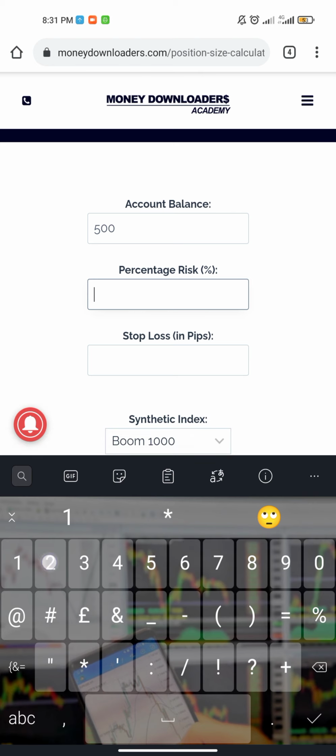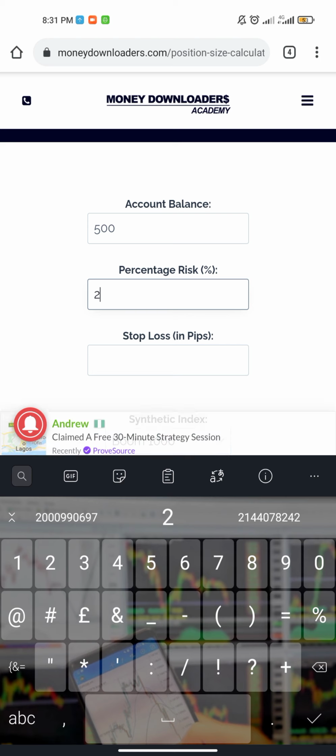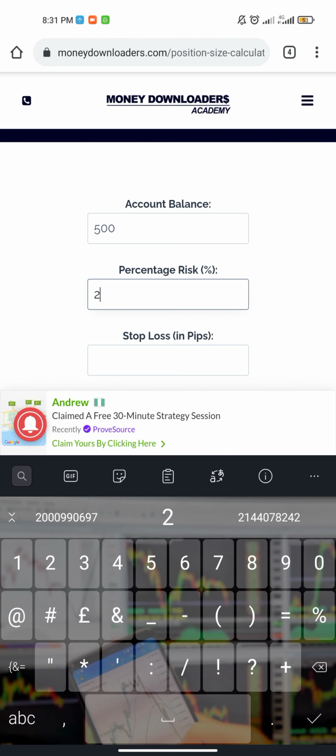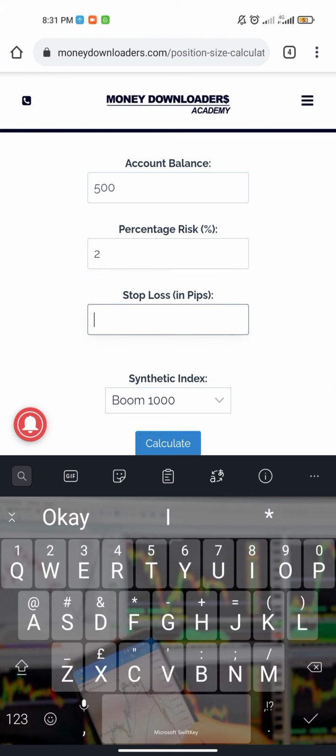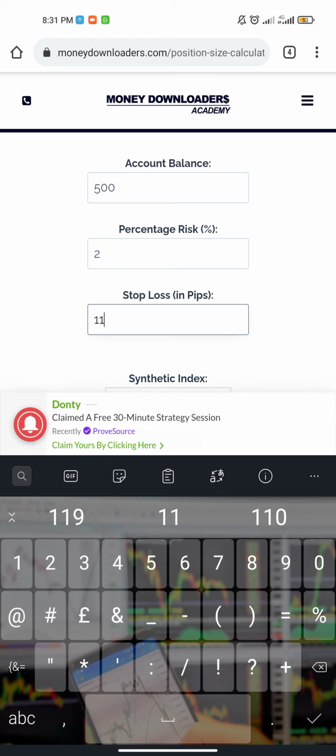So let's say we are risking 2% of $500, which is supposed to be $20, if I'm not mistaken. Yeah, sorry, $10. Now, maybe you have gotten your pips for the stop loss. Let's say our stop loss is 11 pips.